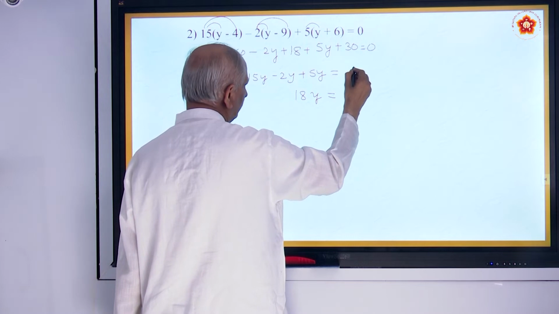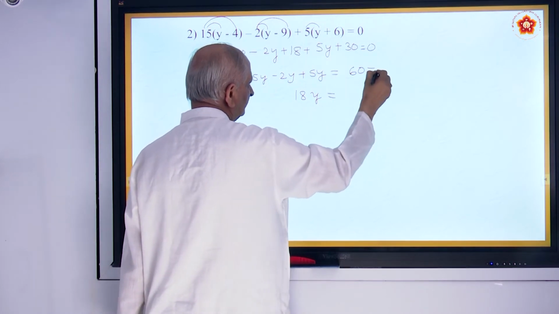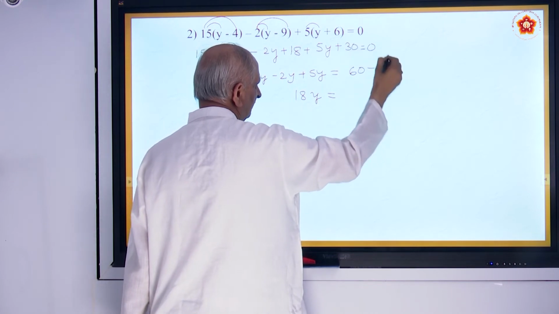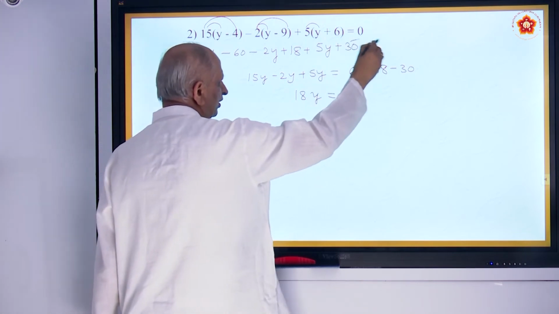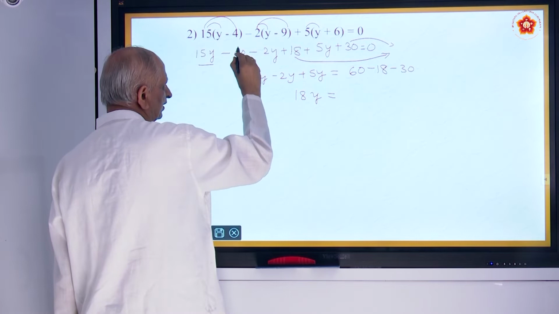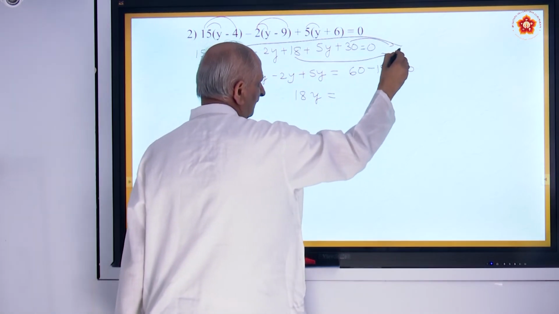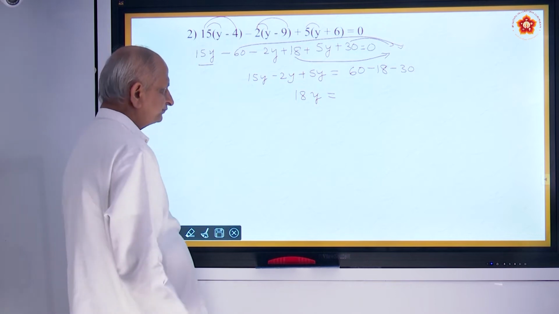So minus 60 becomes plus 60. Plus 18 becomes minus 18. Plus 30 becomes minus 30. Followed? So that is called transposition. When you bring the plus to the other side, it becomes minus. That's how you got it.